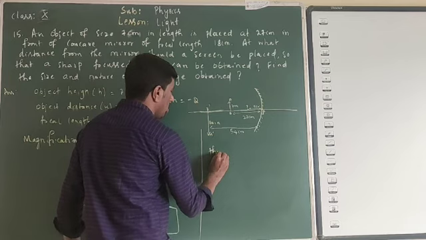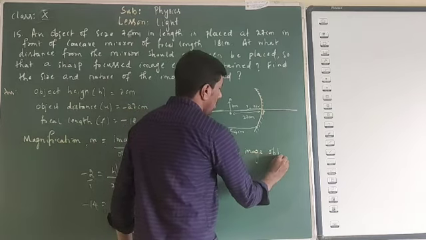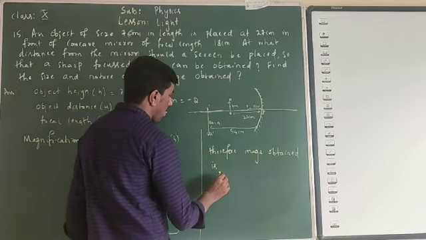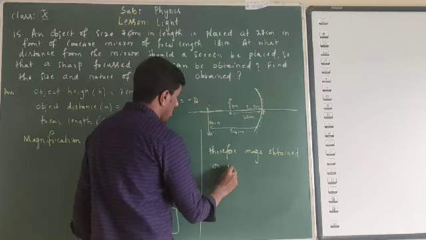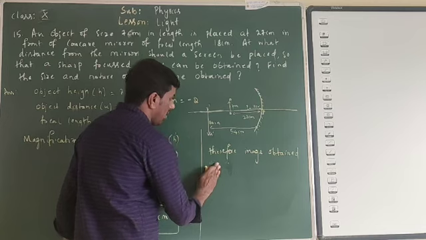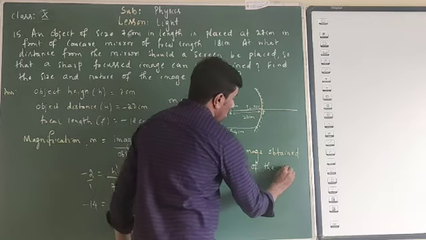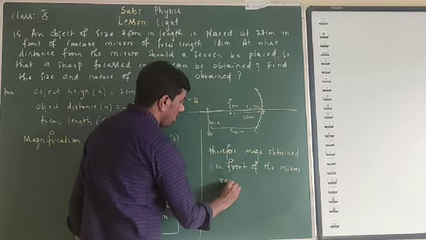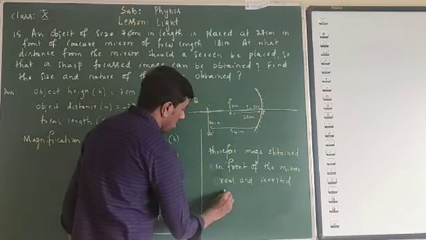So therefore, what we have done: the image position is in front of the mirror, the nature is real and inverted, and the size is an enlarged image.